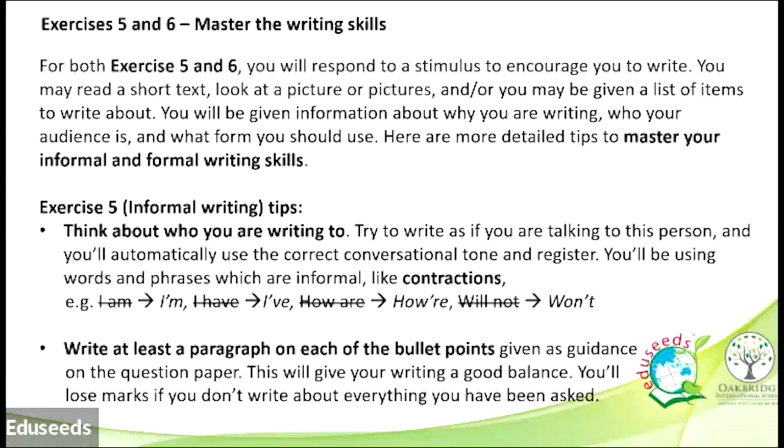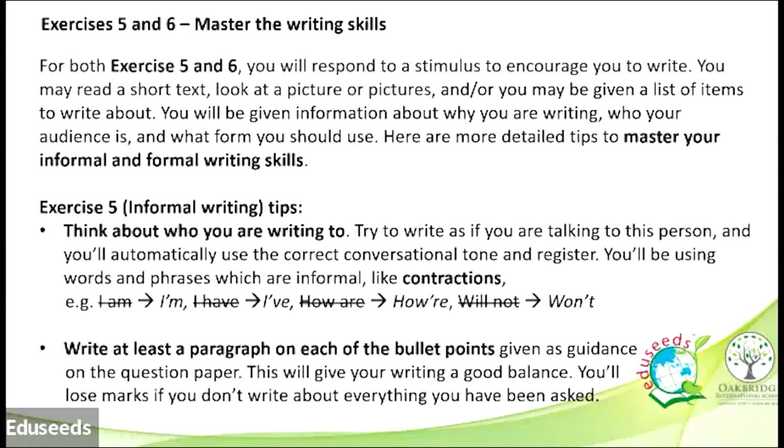Okay, the following are detailed tips for students. Number 1, for exercise 5, tip number 1, think who you are writing to. Try to write as if you are talking to this person. And you'll automatically use the correct tone and register.